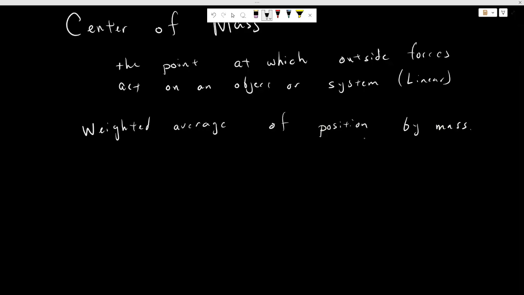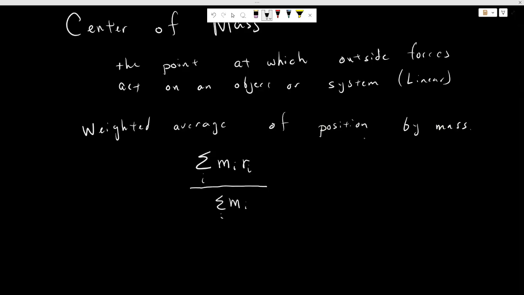What that means is we get that the sum of m sub i r sub i over i, so the mass number i times the location of that mass, like object 1 at its position r1, and then we'd sum over all the total masses and all the total positions over the sum of all the masses.